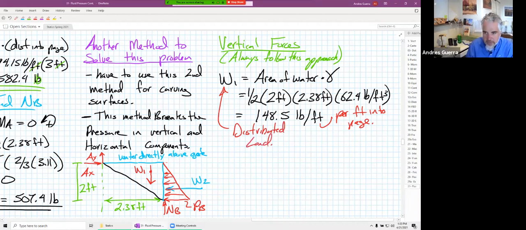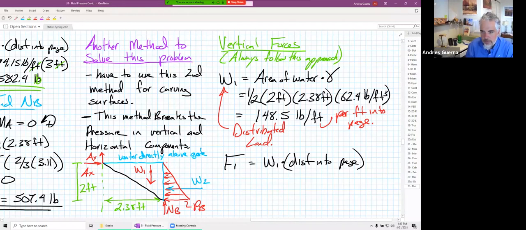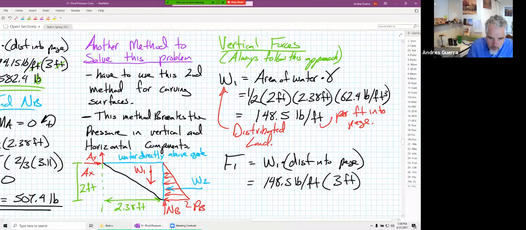We can get to the force, F1, which would be equal to W1 times what Brianna said, the distance into the page. So we could find F1 by taking 148.5 pounds per foot times 3 feet. We also know where W1 acts, because it's going to act at the centroid of the triangle here.